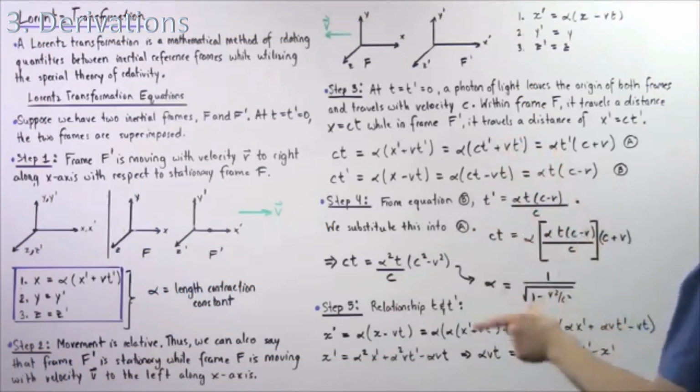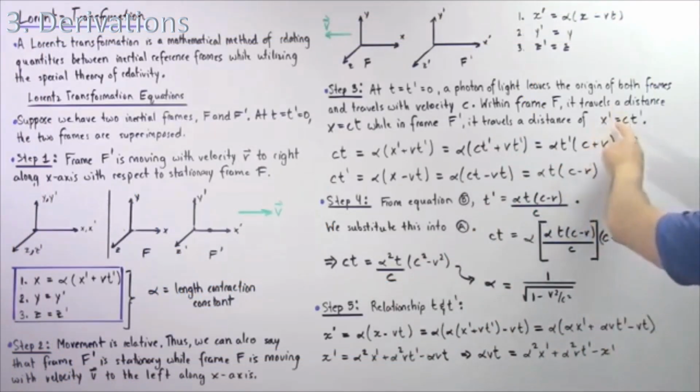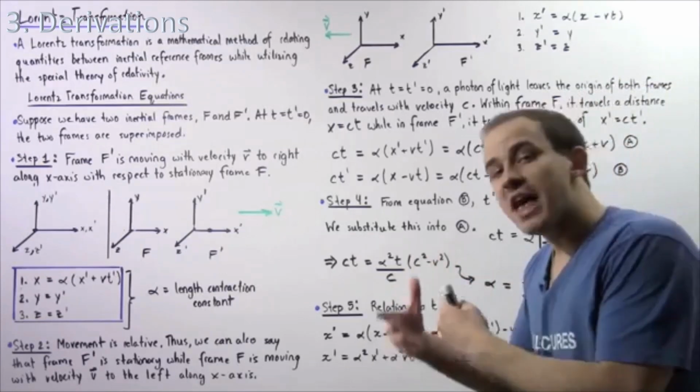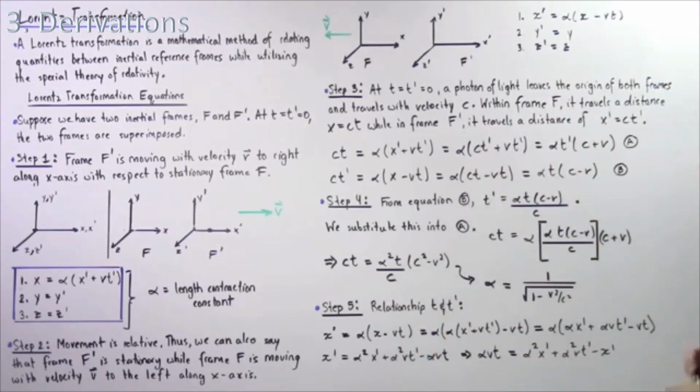This means the photon travels a distance of x prime equals c multiplied by t prime, where t prime is the time that has elapsed within the frame S prime.